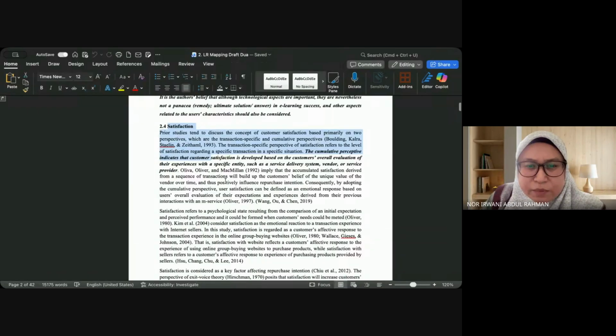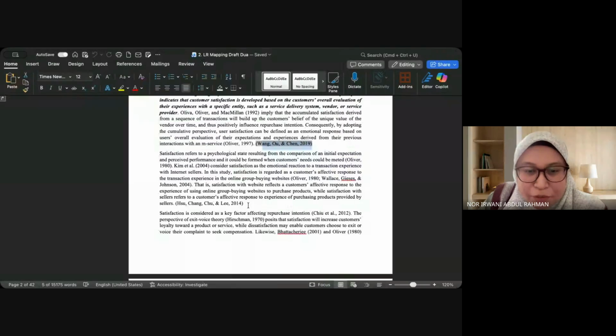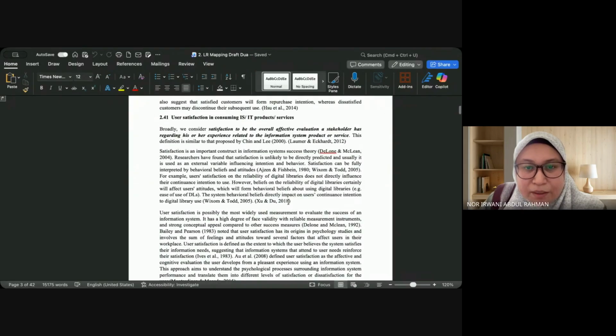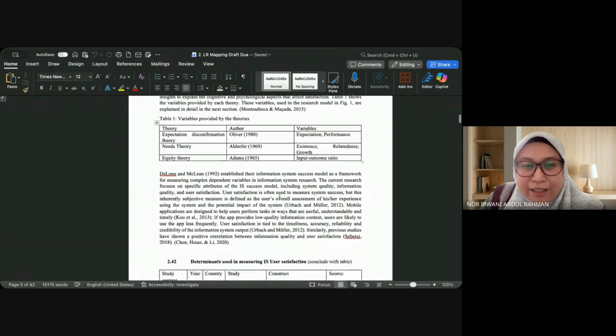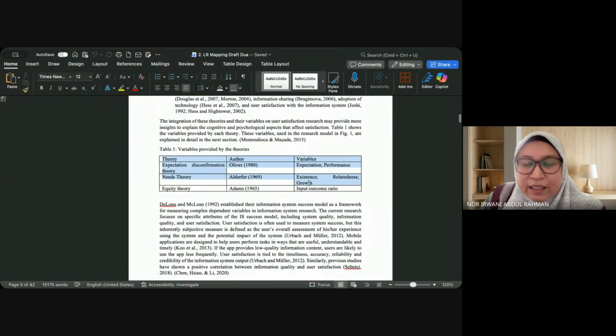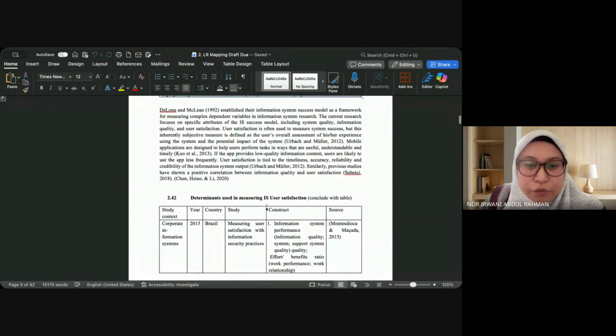Satisfaction: what is satisfaction? Don't forget to park the references, it'll be harder for you to find them later. It's still exploring by variable. It's not easy. There is a paper that only discusses theory compilation, which is good for you.